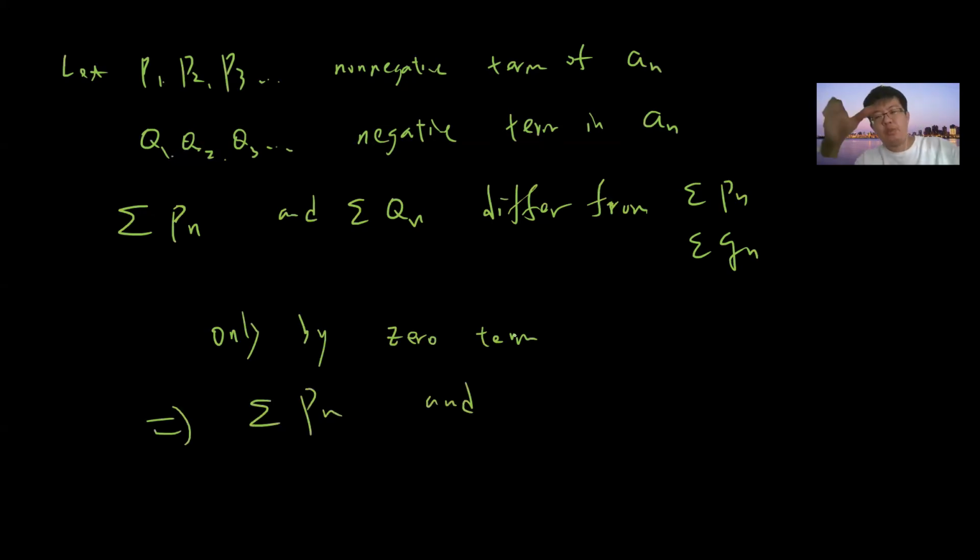So basically, if you pick up all the positive part or the negative part, then it must diverge, because they are close to this.